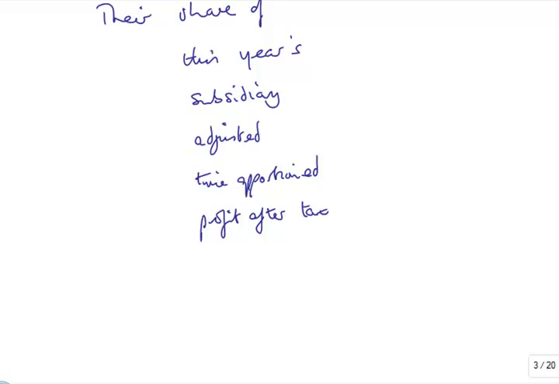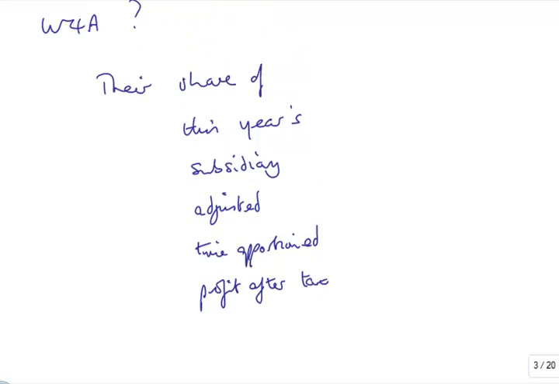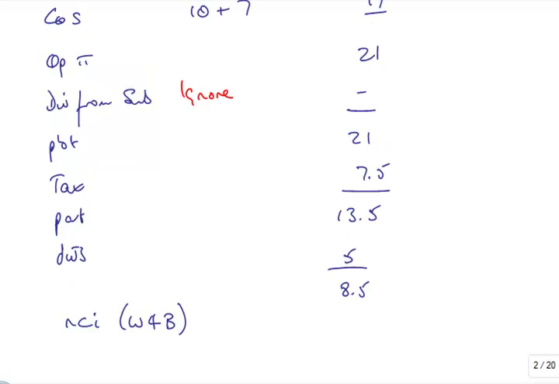In Mantus and Rocus, how much are you going to give the non-controlling interest? There's no adjustments, there's no time apportionment.